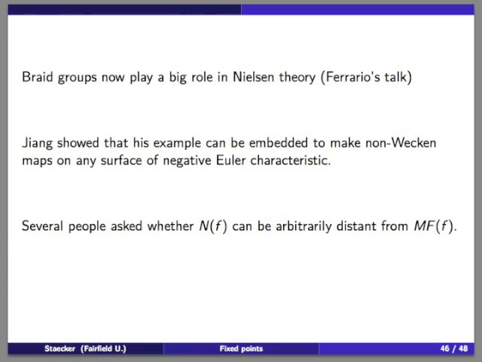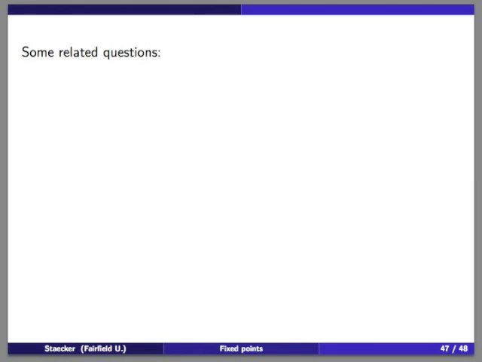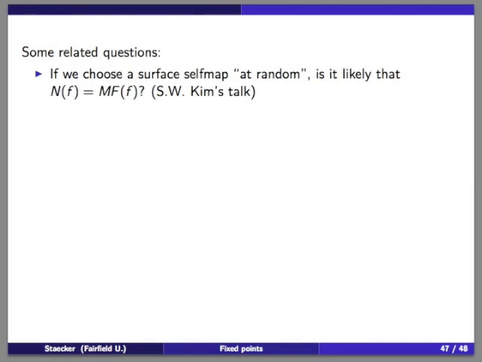So we know the Nielsen number can be strictly less than the minimum number. Can it be very much less, or do they always have to be close? Actually, Mike Kelly showed that the difference can indeed be arbitrarily large. It can be as big as you want. There are examples for which the difference is very big.